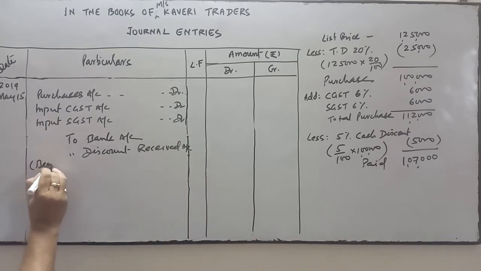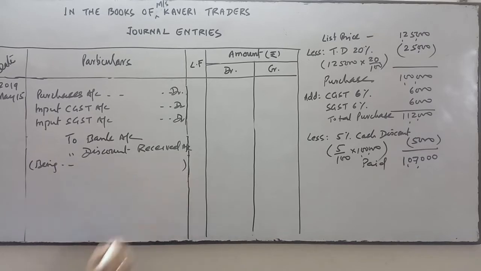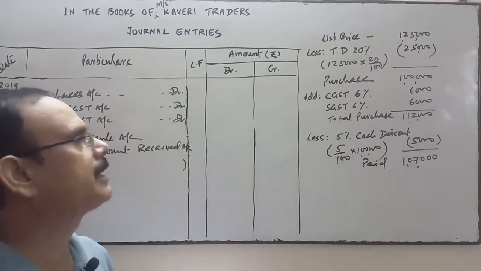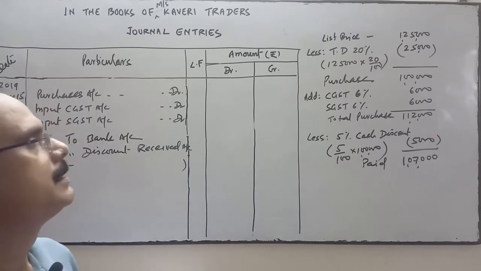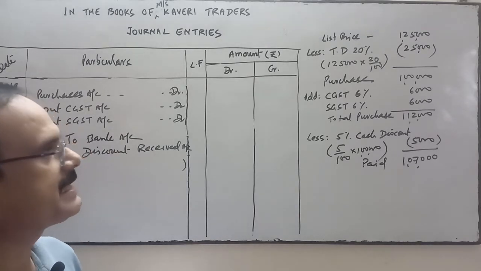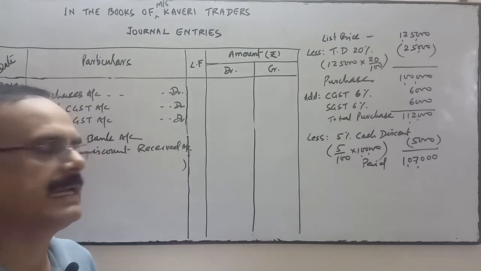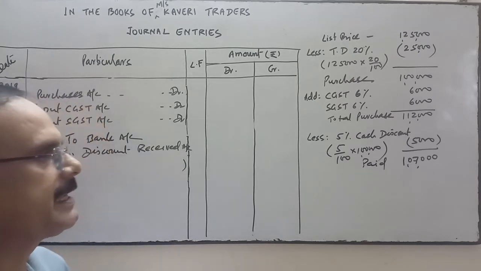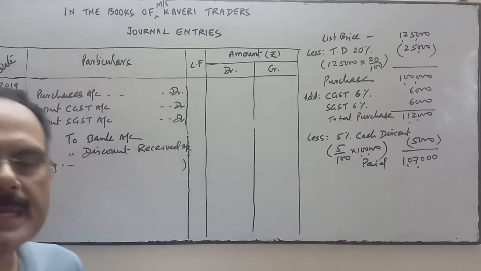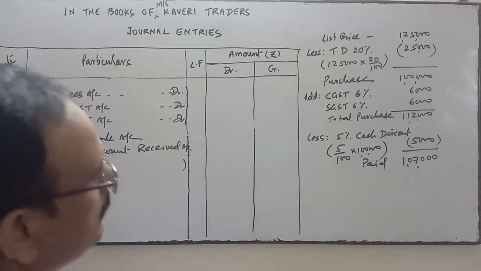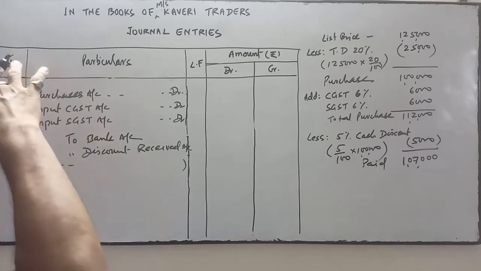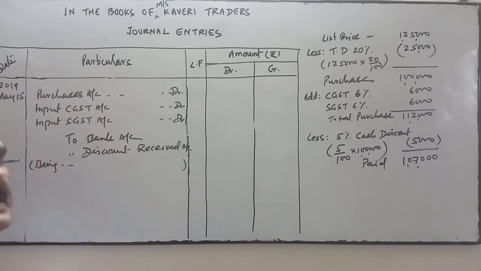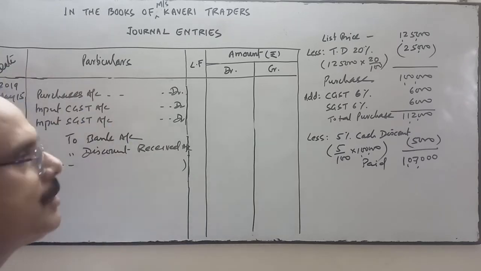Being narration, what will you write in narration? Being goods purchased at 20% trade discount and 5% cash discount, including CGST and SGST at the rate of 6% each, and payment is done immediately.